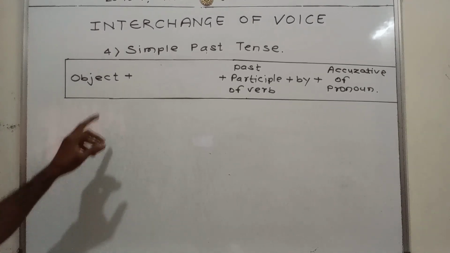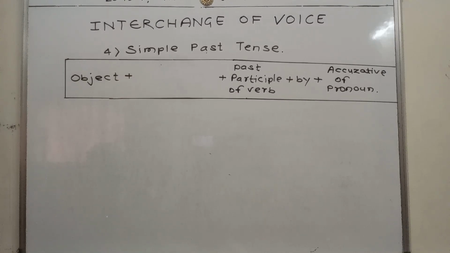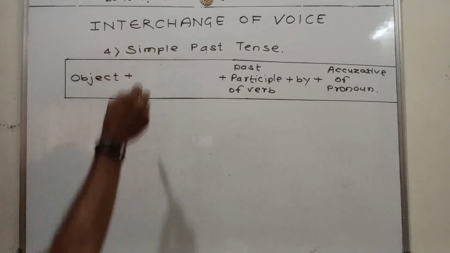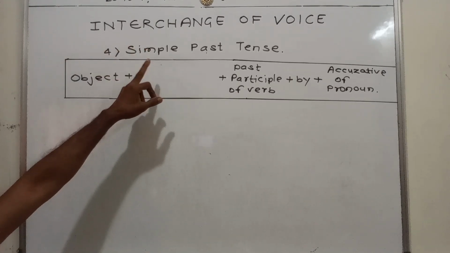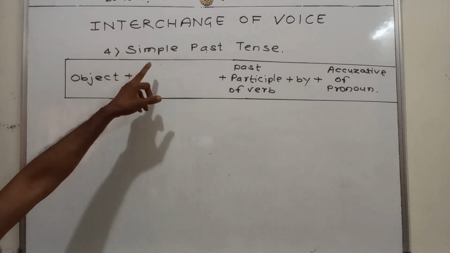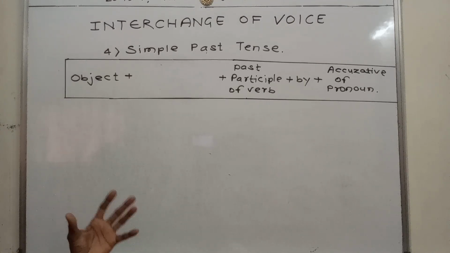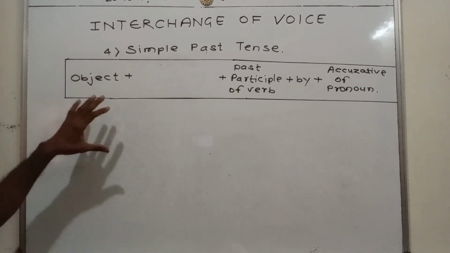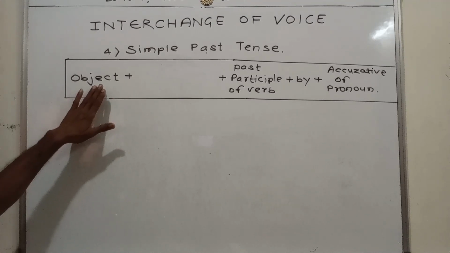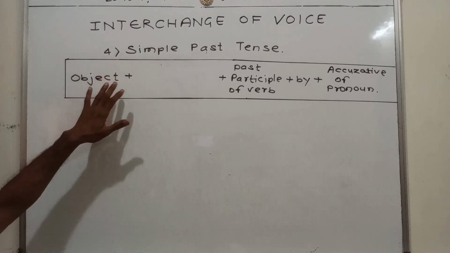Now see this simple past tense. When we convert statements of simple past tense into passive voice, active to passive, then rule. See this object here.